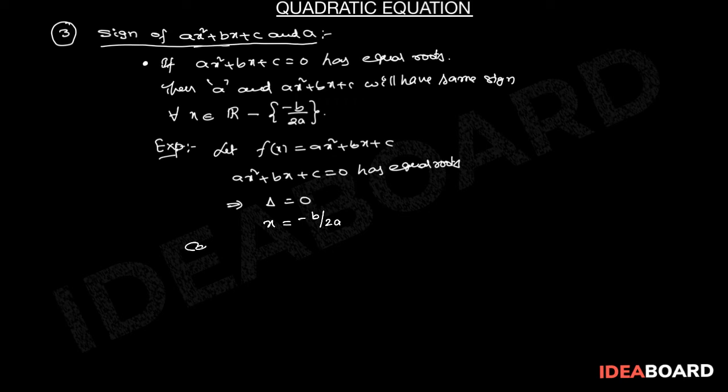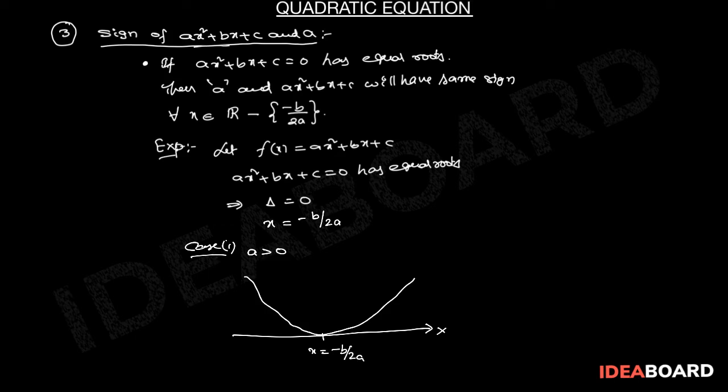Case 1, if a is greater than 0, the curve up open parabola, that is touch the x-axis at only one point, that is x equal to minus b by 2a.